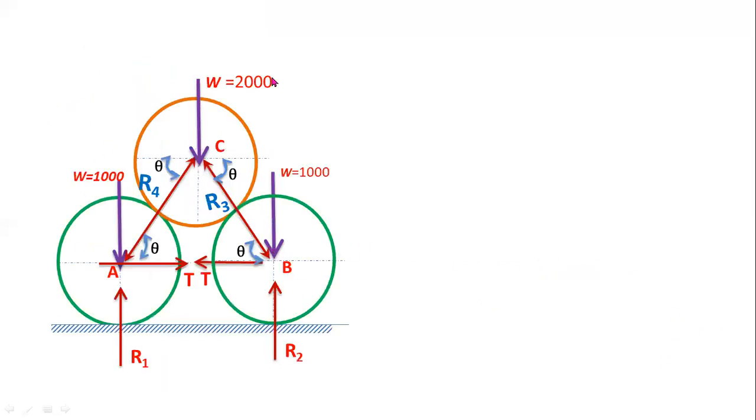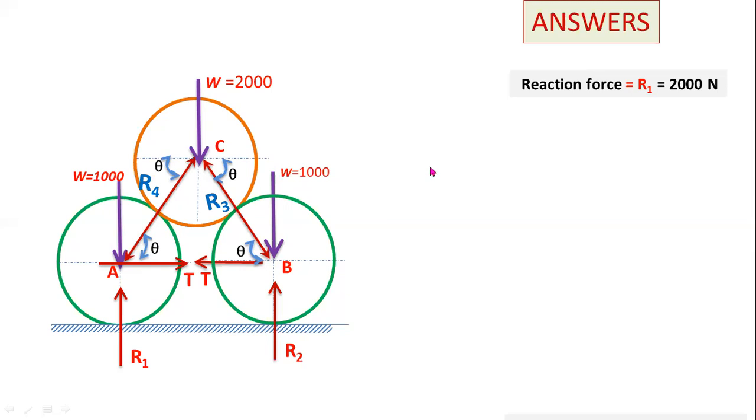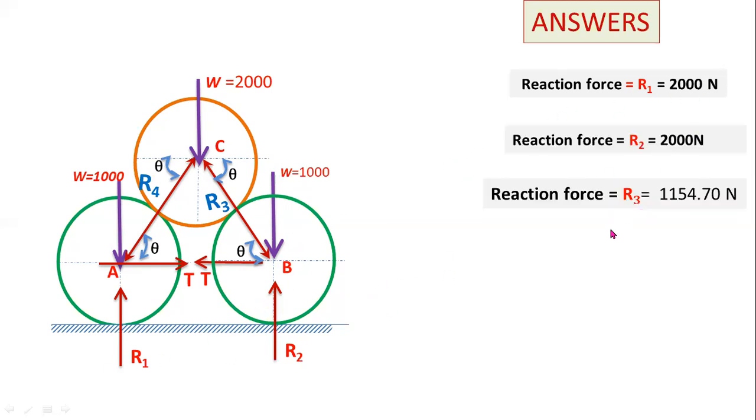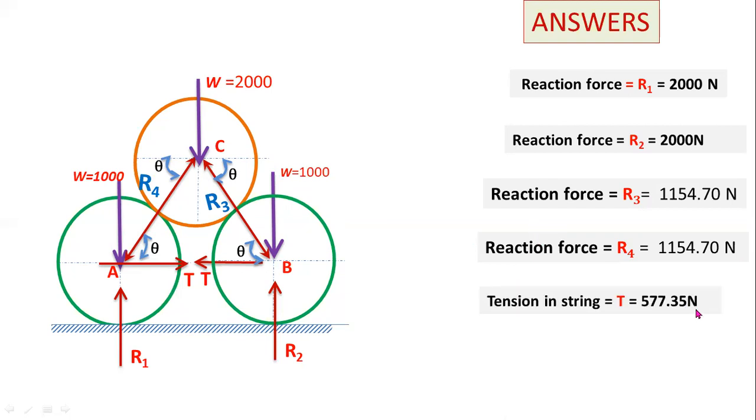So this is the given question. There are 6 contact points, so 6 unknown forces. The answers are R1 equal to 2000 newtons, R2 also 2000 newtons, R3 equal to 1154 newtons, R4 also 1154 newtons, and tension T is equal to 577.35 newtons.